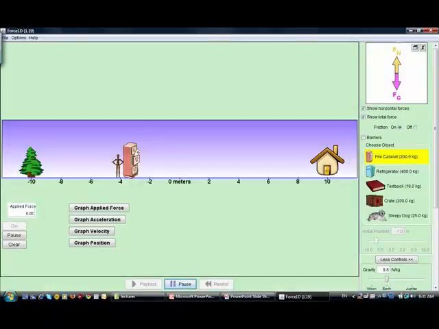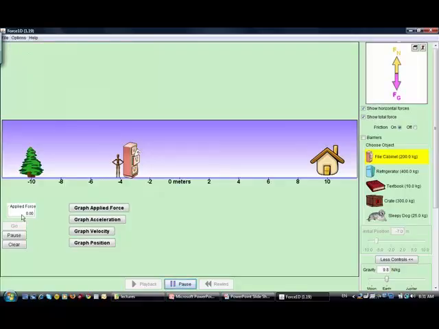Okay, it looks like this. So what we have here, we have our familiar tree and house. We have options here on top. I honestly didn't look at it for a while, but we can change the background color if you don't like this color.